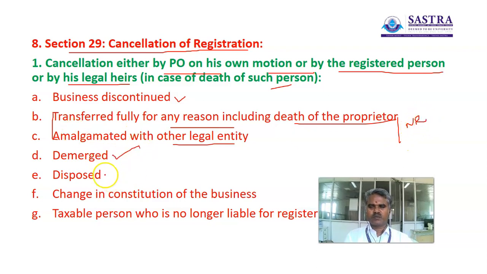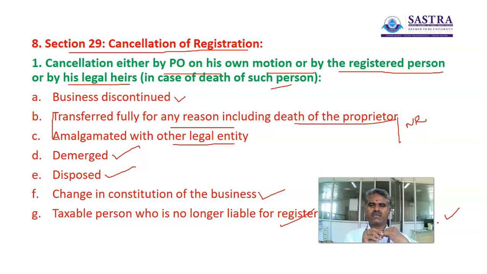Demerged, disposed, change in constitution of the business. A taxable person who is no longer liable for registration, Section 22, 24. It is not necessary to register their business. So, who are all cancel their business?